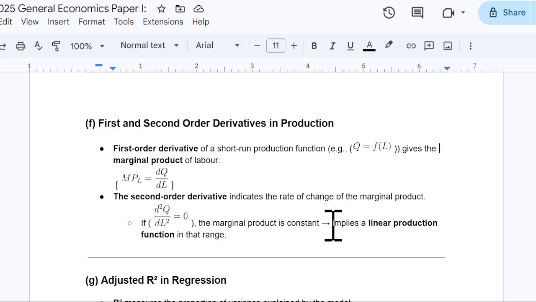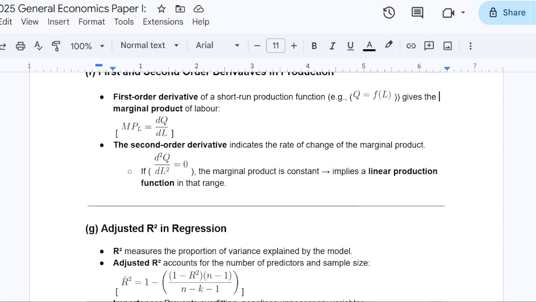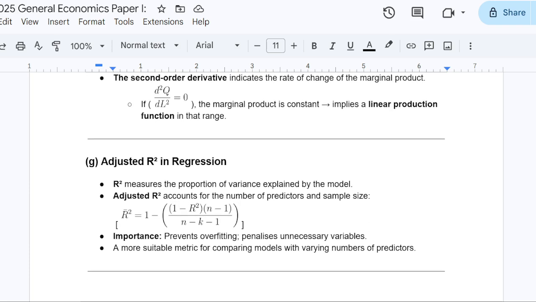Okay. Then the next is adjusted R square. We all know about R square. R square measures the proportion of variation that is explained by the model, that is, it measures the fitness of your model.